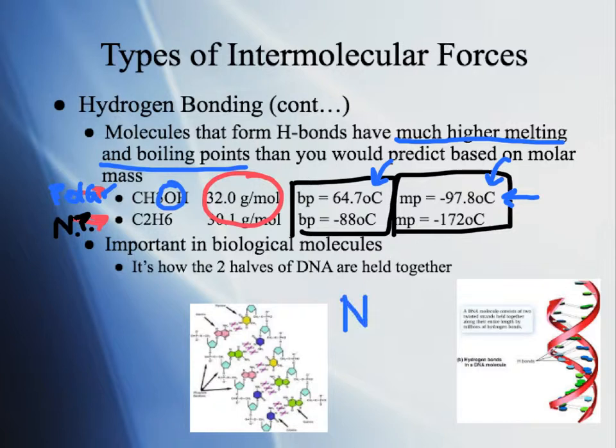They've got lots of nitrogen in them. And to be a hydrogen bond, it has to have a hydrogen hooked up with F, O, or N. Here's our N, so we have a bunch of hydrogens hooked up with nitrogens, and they're going to be attracted, again, to each other.